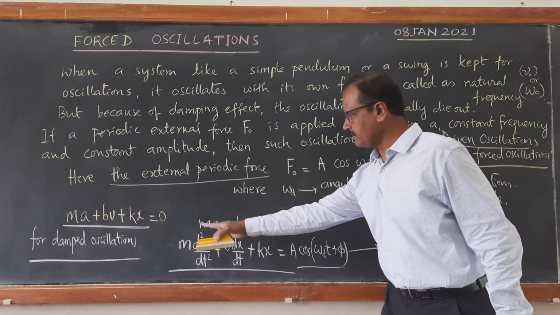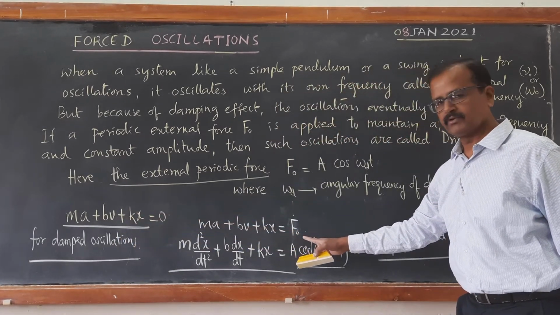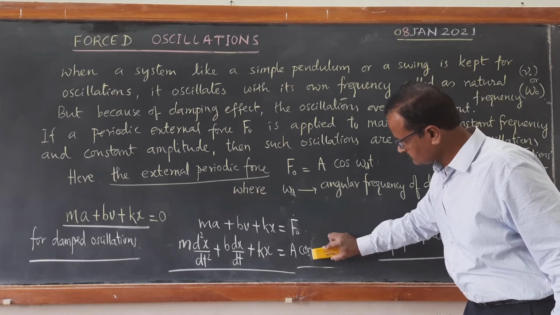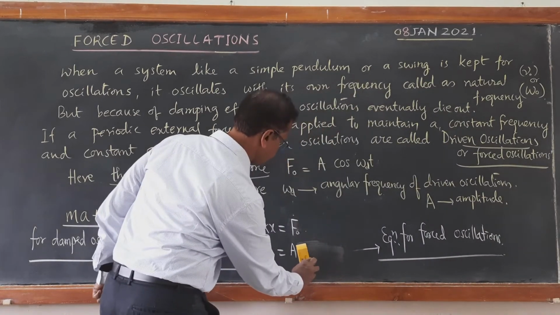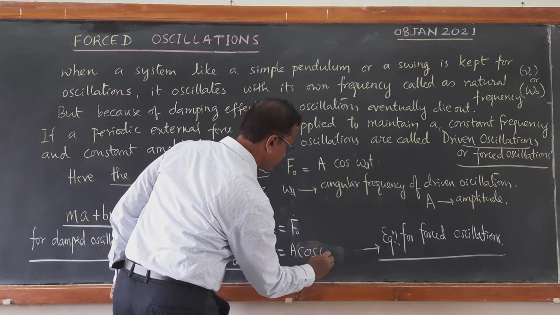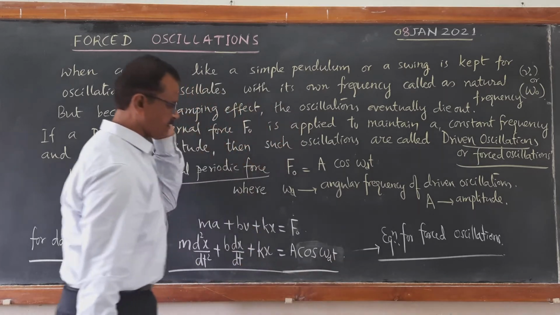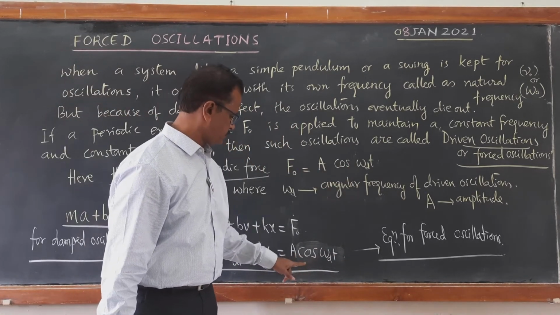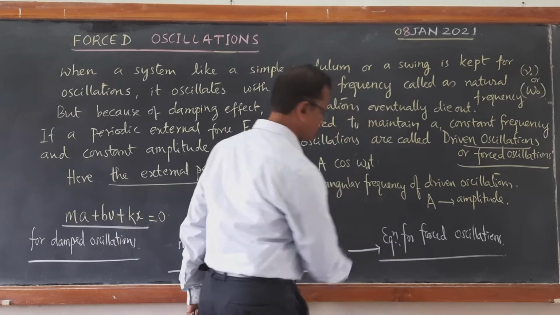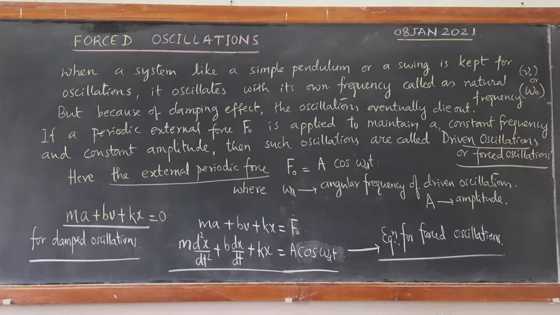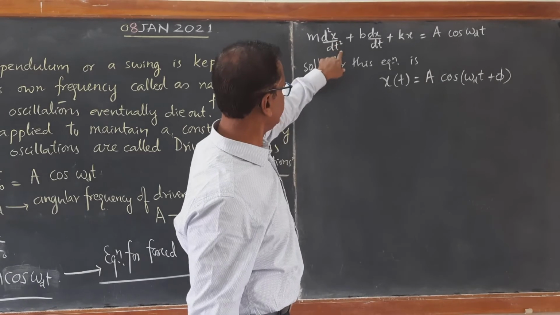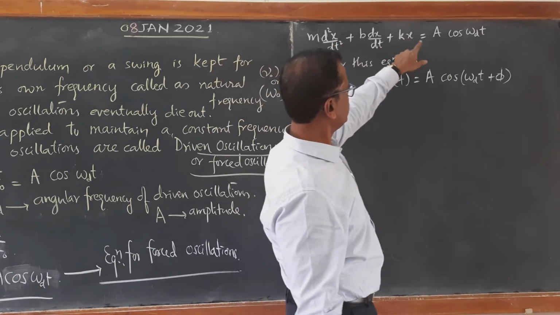Now the equation becomes m d square x by dt square plus b dx by dt plus kx equal to F naught on the right hand side. This equation becomes simple now, the right hand side is A cos omega d t. Now we are going to write the solution of this equation.